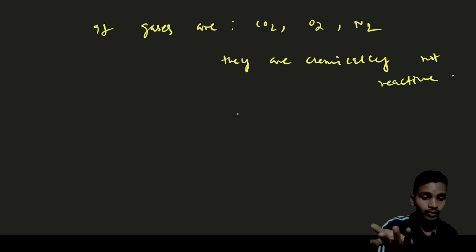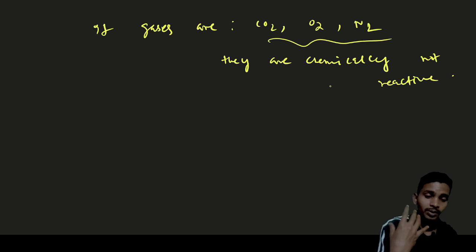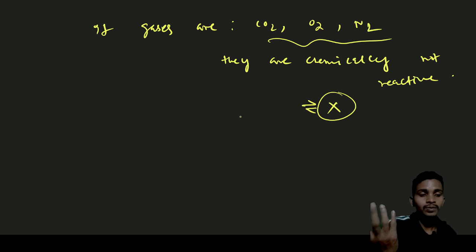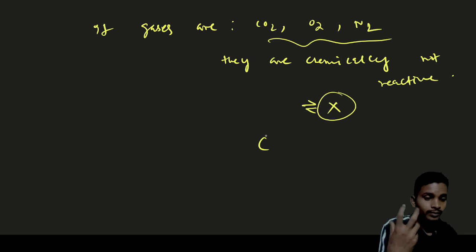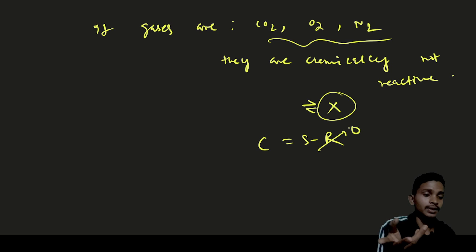If no equilibrium state forms, then there is no condition either. Then C equals S minus R, but with no condition R stands at 0.